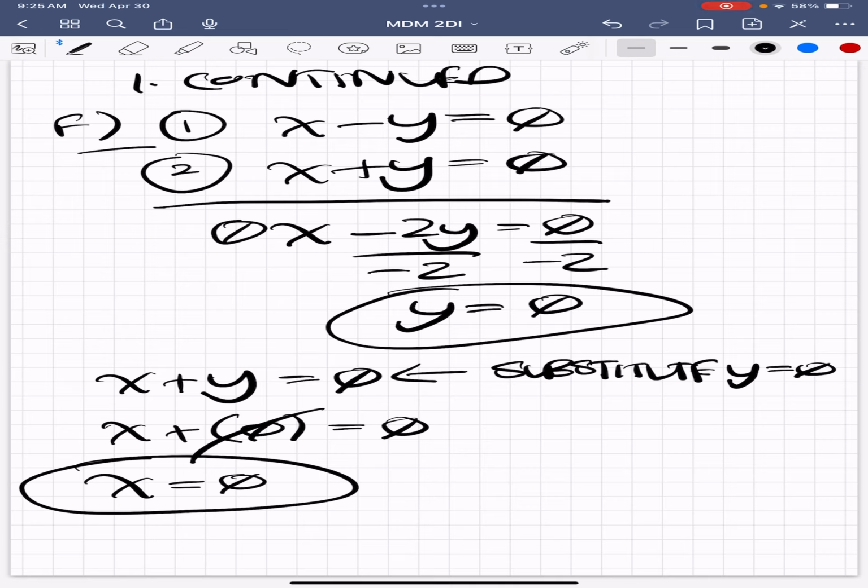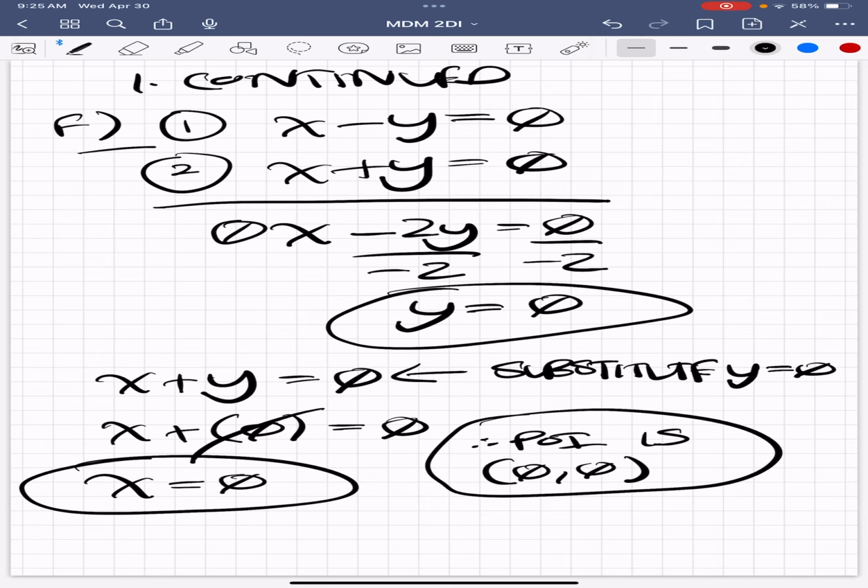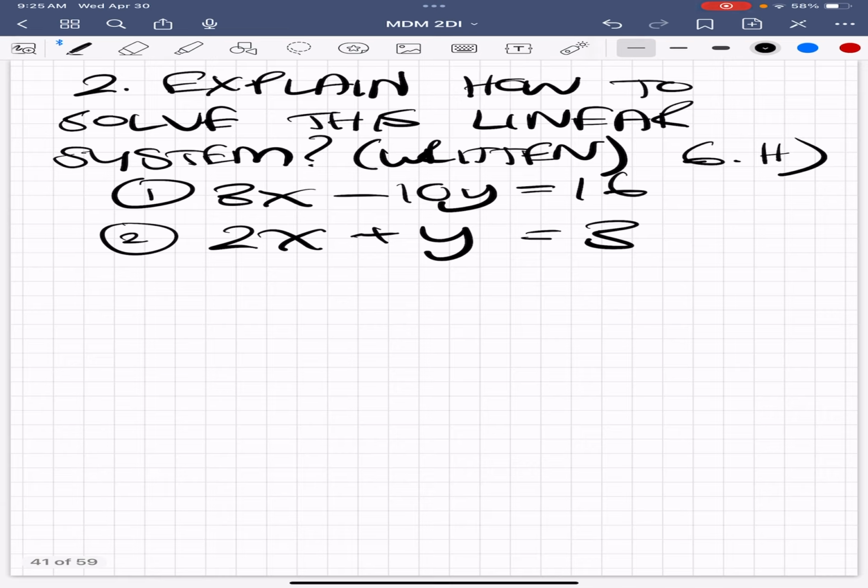So we followed the order of operations to solve for x, and we got the x-coordinate of the POI. And then we have our therefore statement, which is the POI is 0, 0.